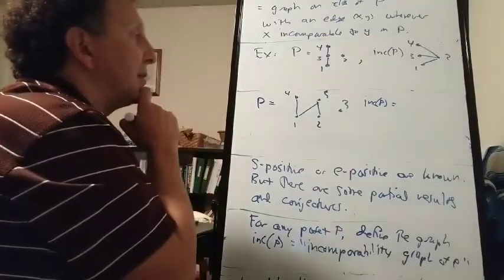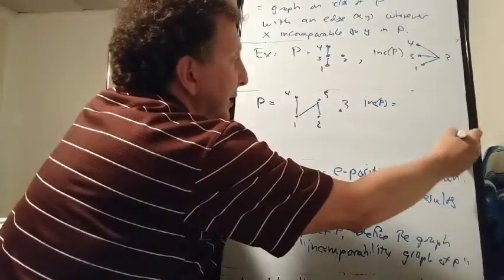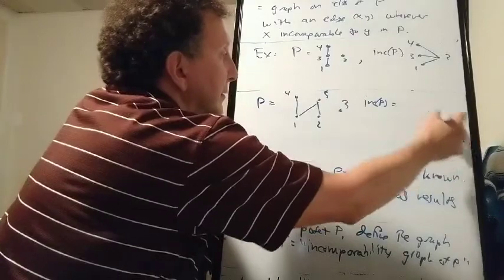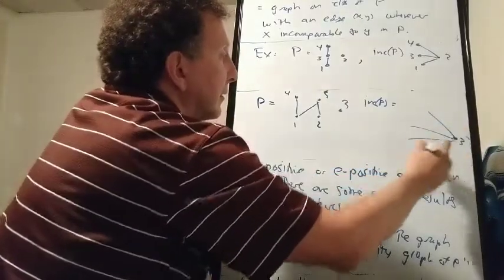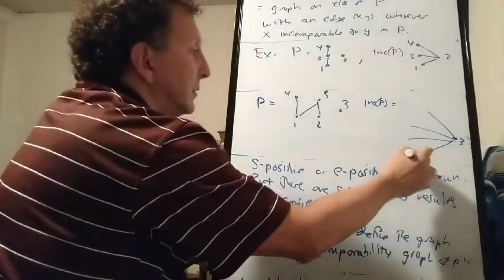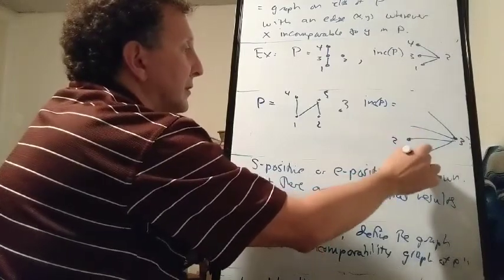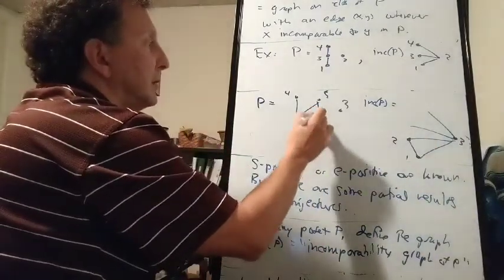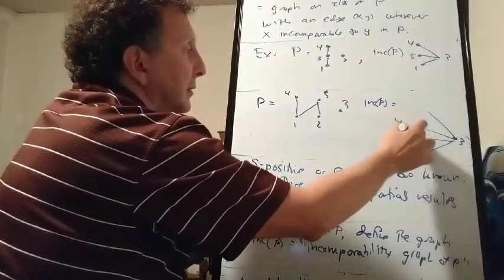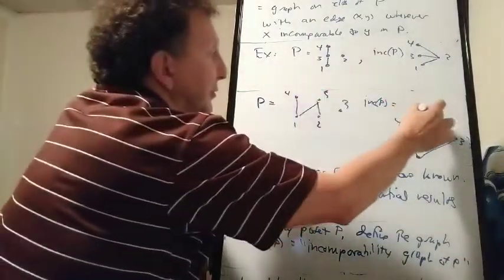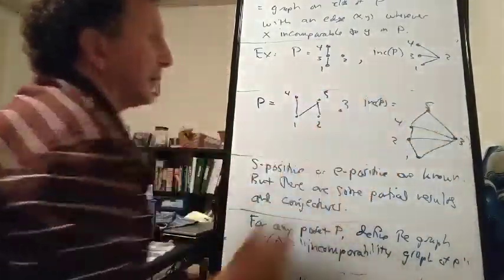So the incomparability graph is: 3 is incomparable to everything, 1 is incomparable to 2, 2 is incomparable to 4, 4 is incomparable to 5. So we get this graph here.